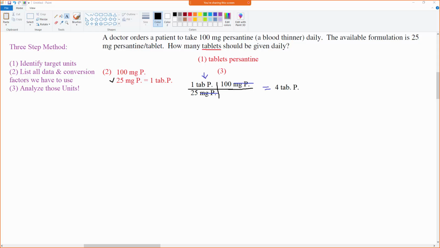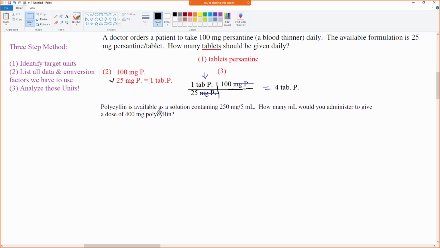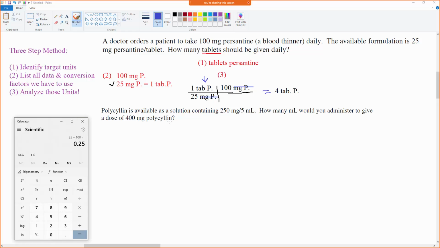So let's do another one here. Polysilane is available as a solution containing 250 milligrams in every 5 milliliters. How many milliliters would you administer to give a dose of 400 milligrams of polysilane? Okay, so the question is, number 1, what are my target units?